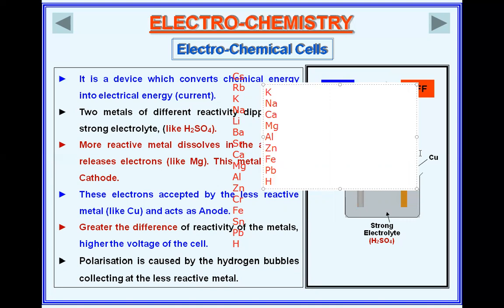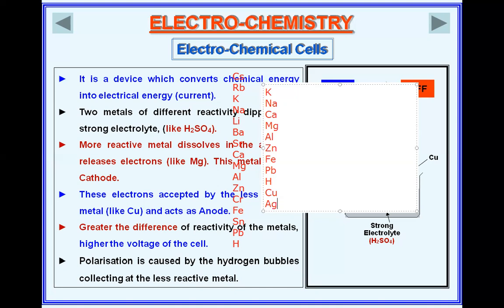In the example, we just use magnesium and copper. So magnesium and copper have a major difference, so this cell must produce some potential difference, which is 1.1 volt. But if we use magnesium along with silver, the potential difference or electrical current produced by the cell should be 1.5 volt.